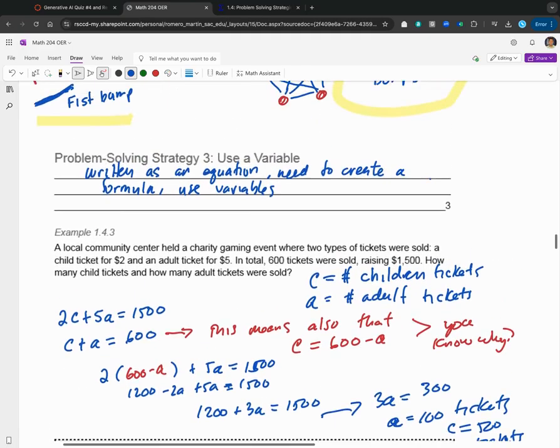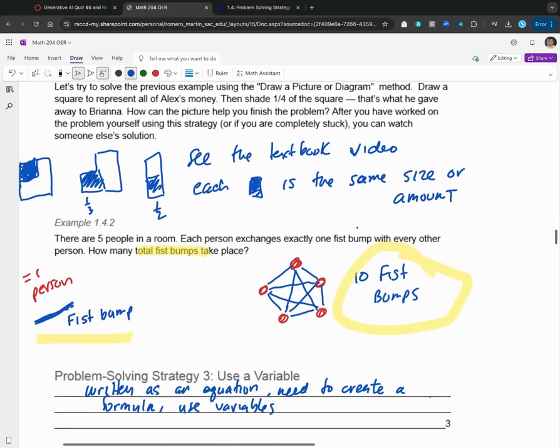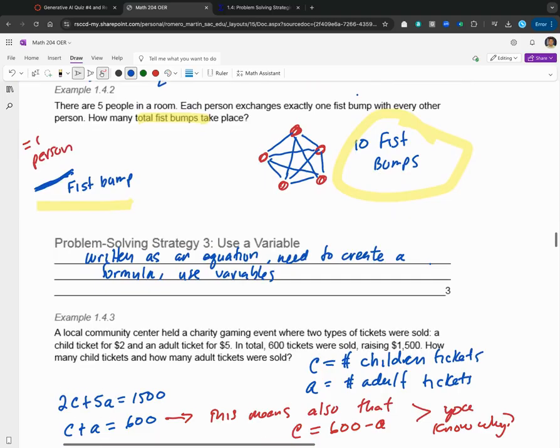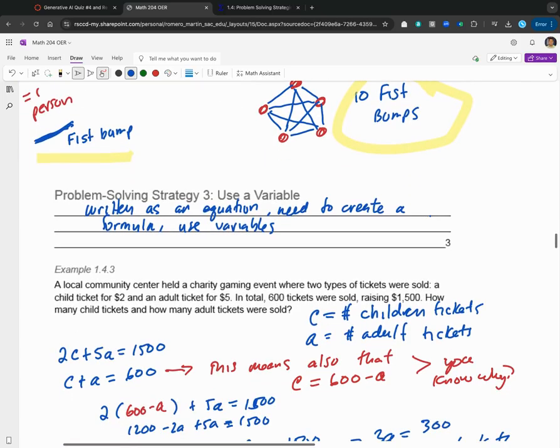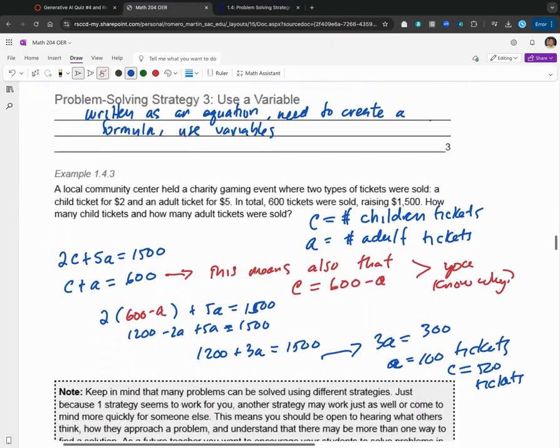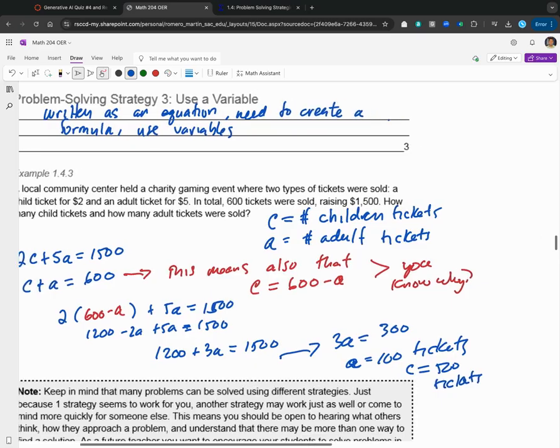I'm trying to see if you could do a drawing. And so as you get better and more confident, your mathematical mindsets start to change around what it means to do mathematics. It's okay to make mistakes. I can be creative. I try other strategies to see, oh yeah, that would work. With a variable, you see the problem, you think algebra right away, but for sure guessing and testing would work.